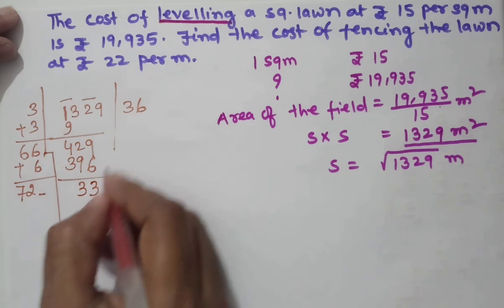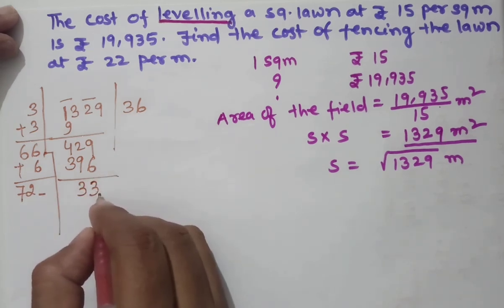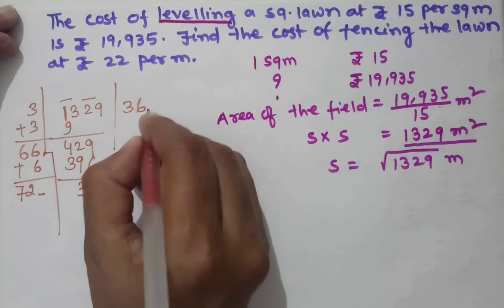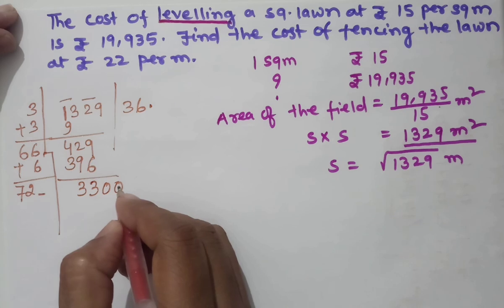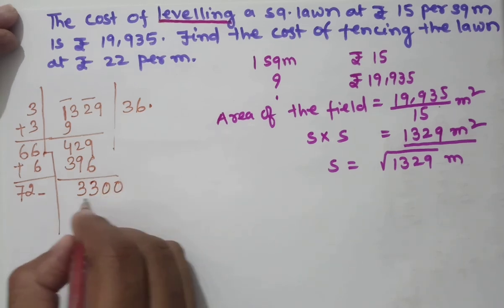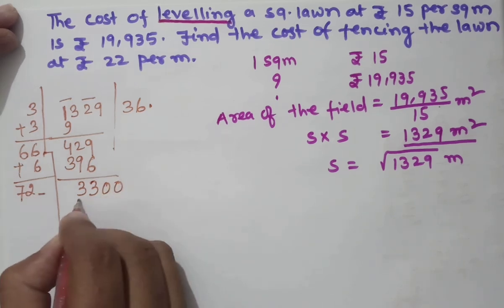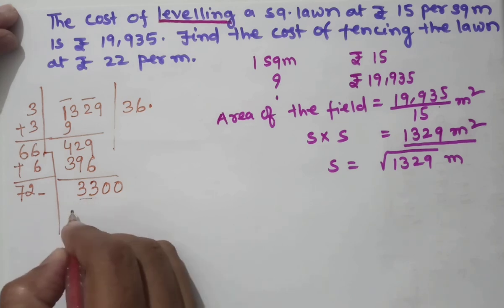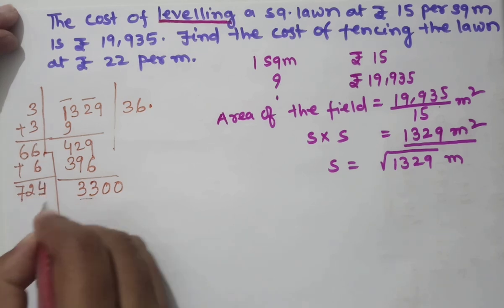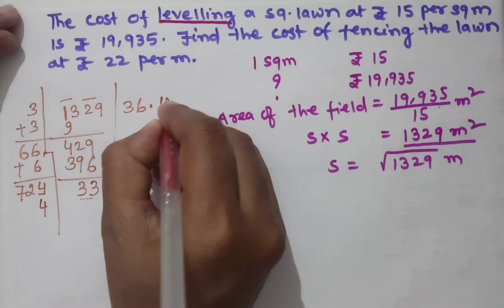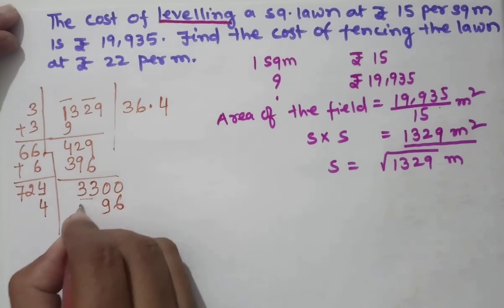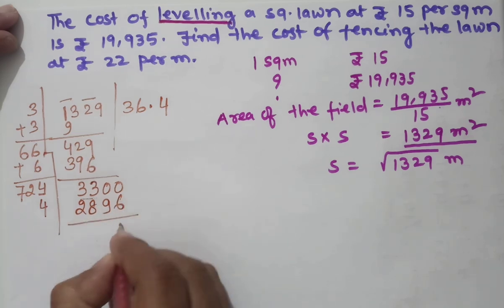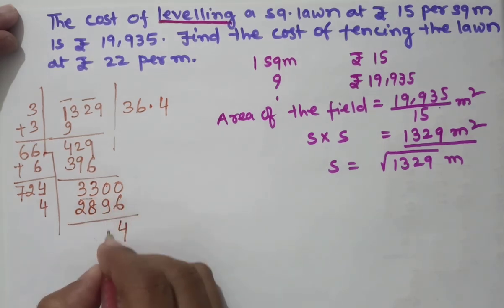Since it is not completely divisible, we can put a point, and again we'll bring down 2 zeros. Zeros will always come in pairs here. So let us see how much it goes. Here we are having 33, 7 4s are 28. So let us go for 4 times. 4 4s are 16, 4 2s are 8, 4 7s are 28. 10 minus 6 is 4, 9 minus 9 is 0.